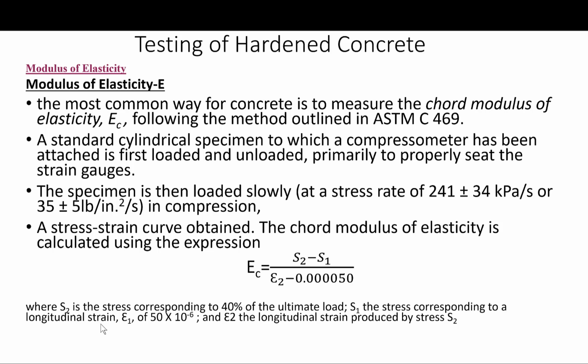S1 is the stress corresponding to a longitudinal strain, epsilon 1, which is equal to 50 microstrains, or 50 times 10 to the minus 6. And epsilon sub 2 is the longitudinal strain produced by the stress S2. Simple and straightforward.